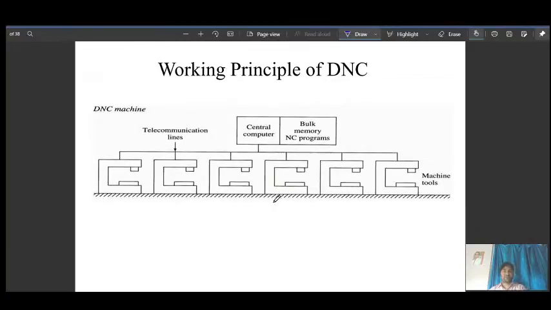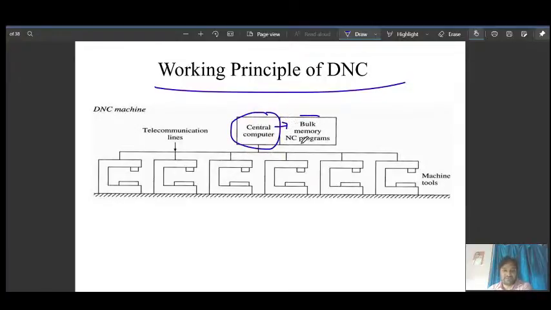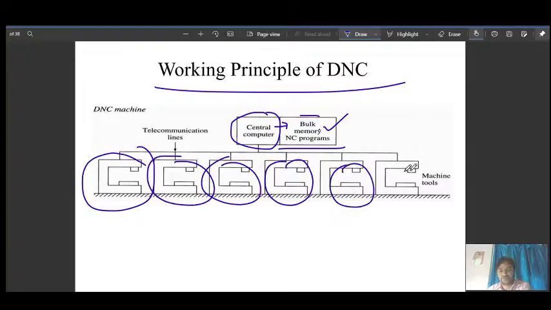The working principle of this DNC system is that we have a central computer with bulk memory storage for NC programs, and the machine tools are connected with telecommunication lines.